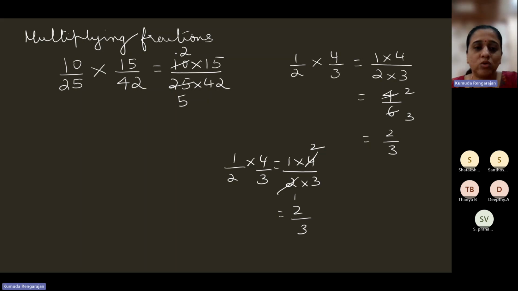So you can take 2 and 42. Both 2 and 42 are divisible by 2, right? So pick one number from the numerator, we'll take 2. Pick one number from the denominator, we'll take 42. And we're going to simplify 2 and 42 using 2. So 2 1s are 2, 2 21s are 42.